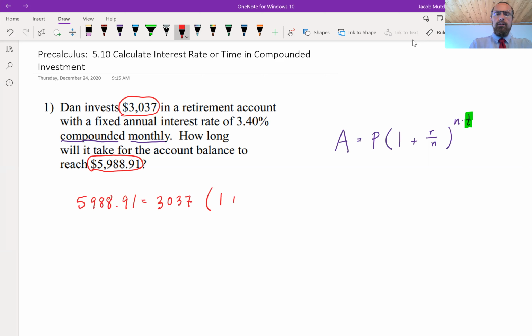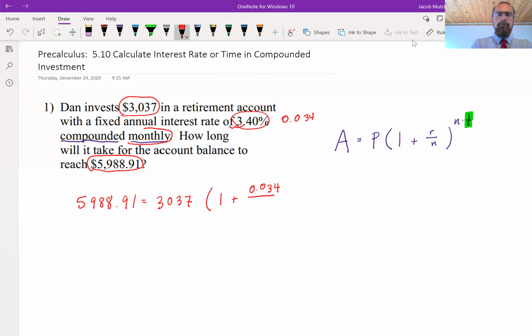I know it's 1 plus the interest rate. So if my interest rate's given as a percentage, 3.40%, that's equivalent to 0.034. I could put that last zero, but we really don't need it. Remember, you just move that decimal twice to the left. I need to decide about the number of times that I'm investing the amount each year.